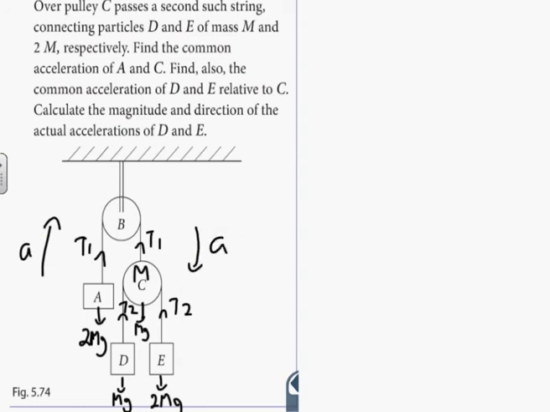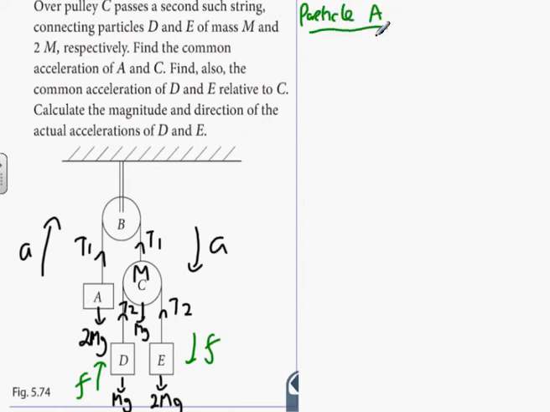What about the mini system here? E is going down and D is going up. Okay, let's begin. Let's go for particle A.